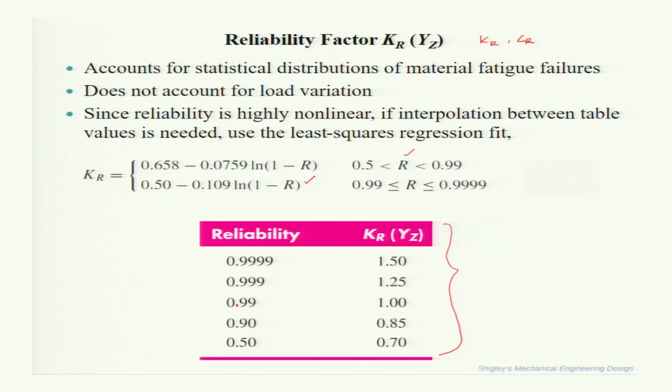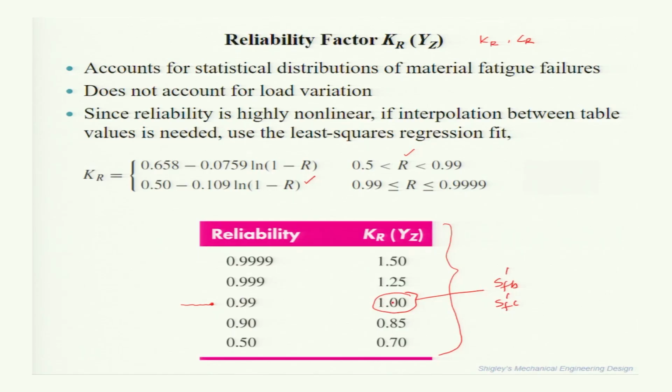In this you see, for 99% reliability, the reliability factor is 1, because the strengths SFB dash and SFC dash correspond to reliability equal to 99%, and so for that it is 1.